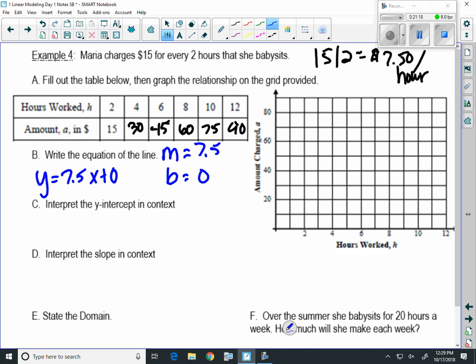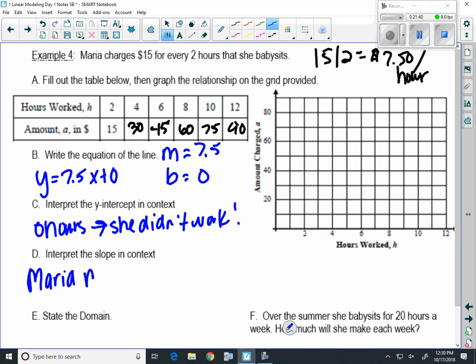Yeah. But in this case, no. She doesn't work, she doesn't make money, which is pretty common. So 0 hours. She didn't work. What about the slope? Maria makes $7.50 per hour.